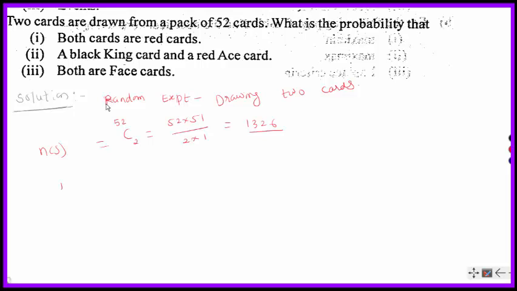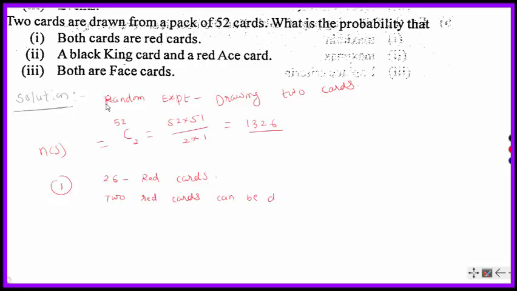Now first one is asked that both are red cards. How many red cards are there? We know that there are 26 red cards. So out of 26 red cards, 2 red cards can be drawn in how many ways?